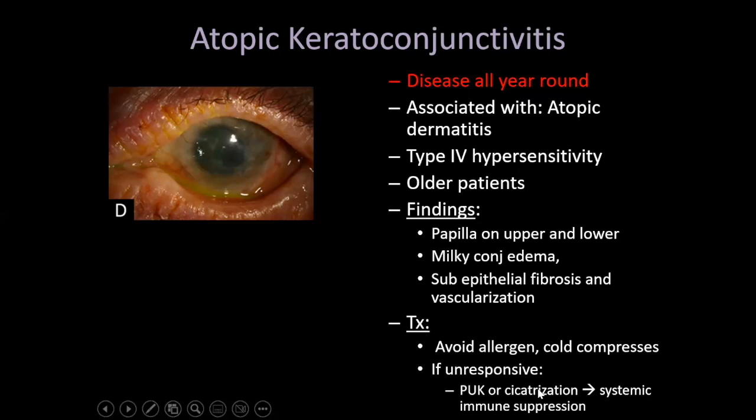It tends to be associated with severe scarring and pannus formation around the limbus, and sometimes it infiltrates to involve a significant portion of the paracentral cornea. And for cases that are unresponsive to mild, non-invasive measures, we have to be quite aggressive and even initiate systemic immunosuppressive therapy in order to preserve the cornea.